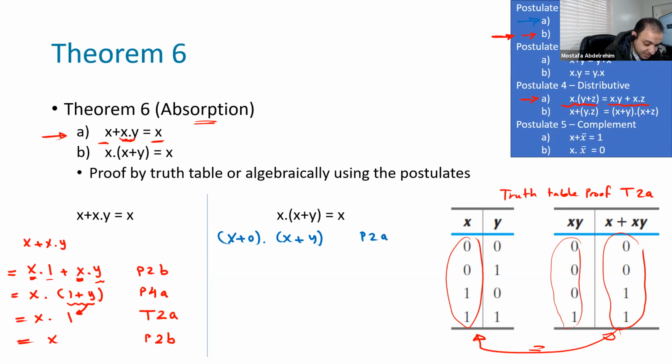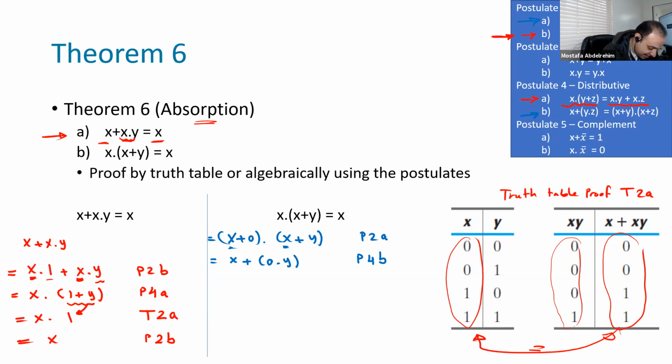Okay, then the distributive property. This is actually similar to postulate 4b, and it can be simplified to, this is the common factor x. This can be simplified to x or 0 and y. Postulate 4b. And again, we're gonna use one of the theorems that we proved.